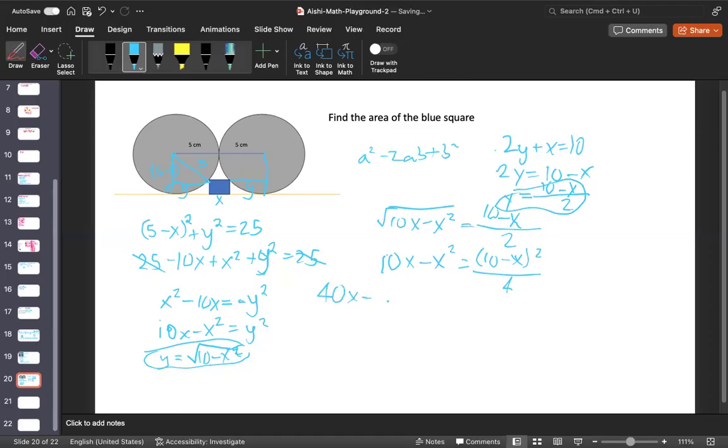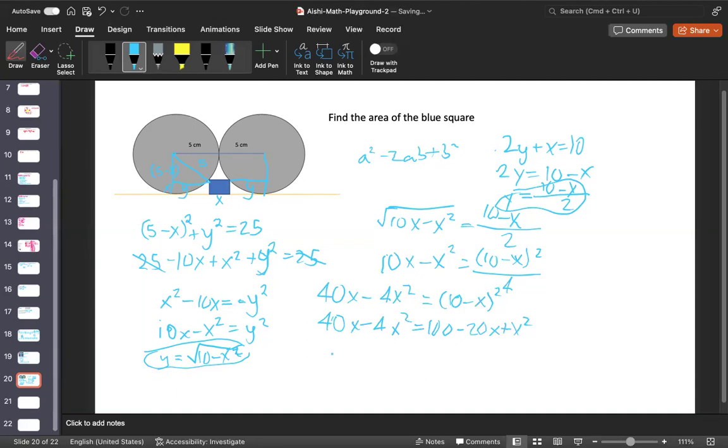40x minus 4x squared is equal to (10 minus x) whole squared. Okay, so we can turn this into 40x minus 4x squared is equal to 100 minus 20x plus x squared, right?